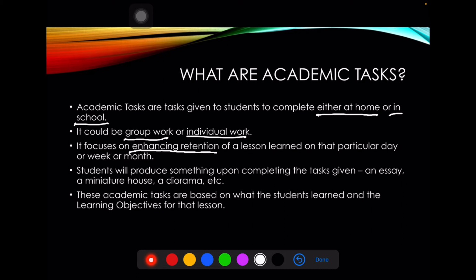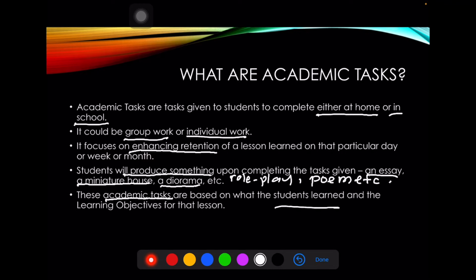Now, students will produce something upon completing the task. They need to produce something, like an essay, like a miniature house, like a diorama, a role play, for example, a poem, etc. This academic task is actually based on what the students learn and the learning objectives for that lesson.